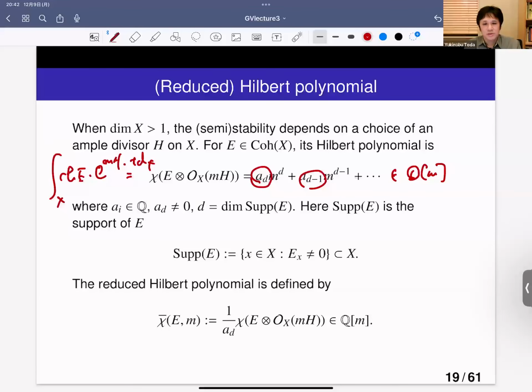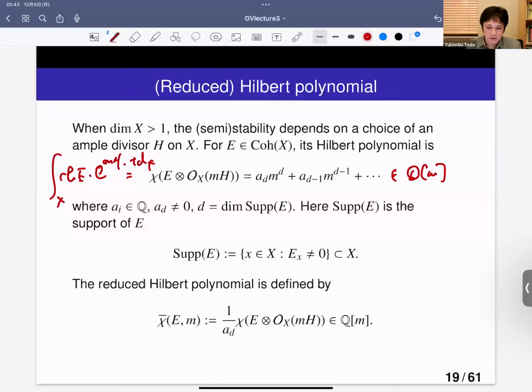Similarly to the curve case, we take the ratio of this polynomial by the leading coefficient of this polynomial. When E is torsion-free, the degree of this polynomial is the dimension of X. But in general, the degree of this polynomial is the dimension of the support of the sheaf E.